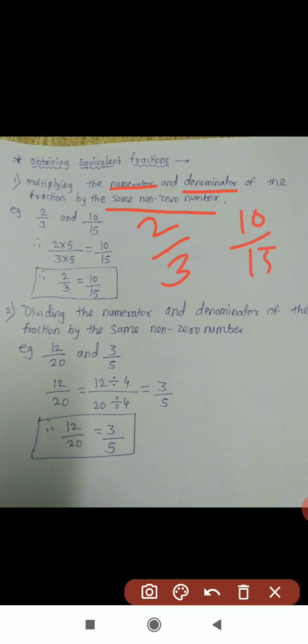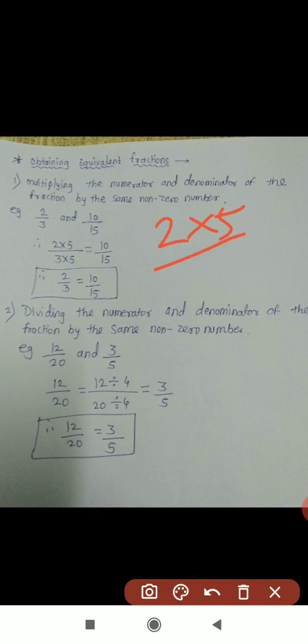If you are multiplying this 2 with 5 and 3 again with 5, 5 twos are 10, 3 fives are 15. So 10 upon 15 is equivalent to 2 upon 3.